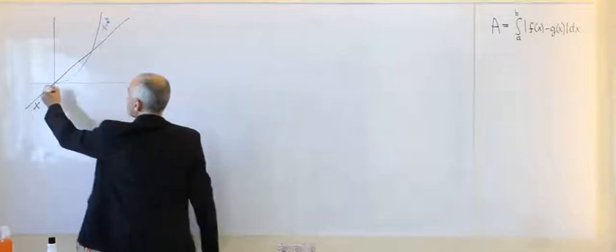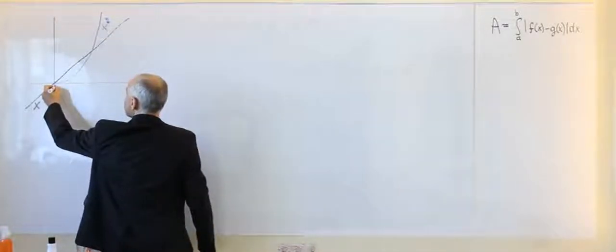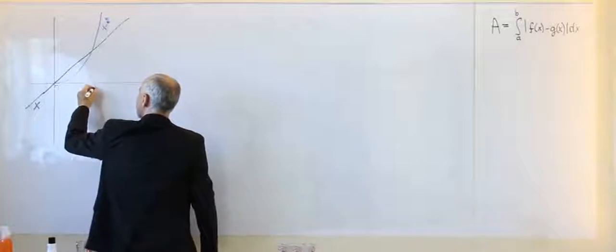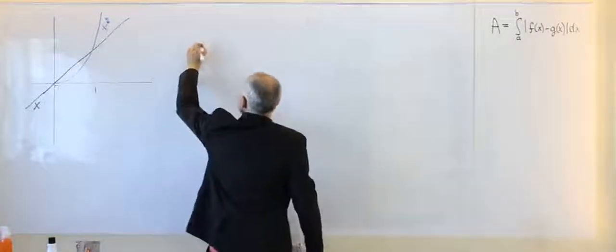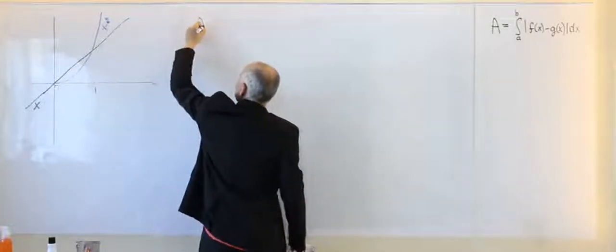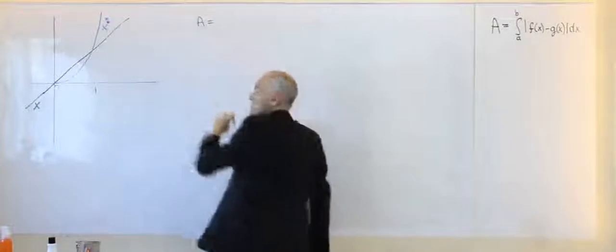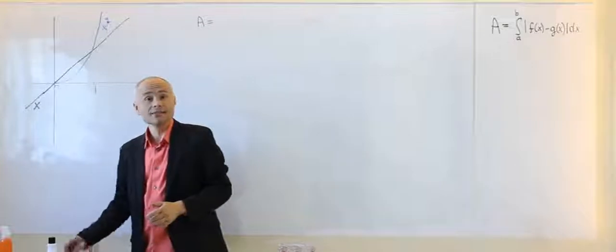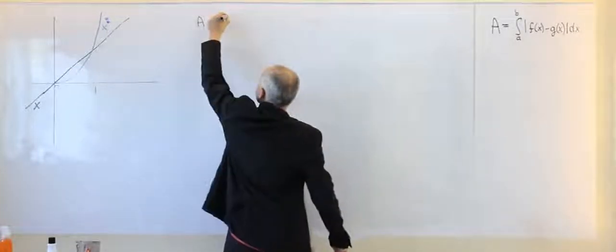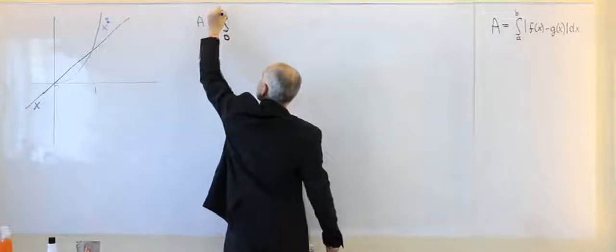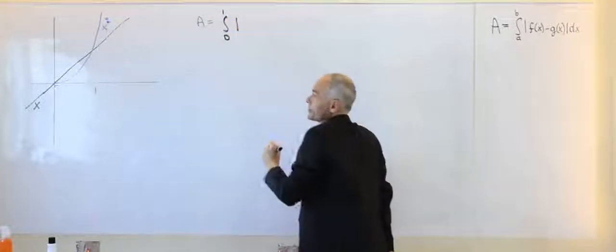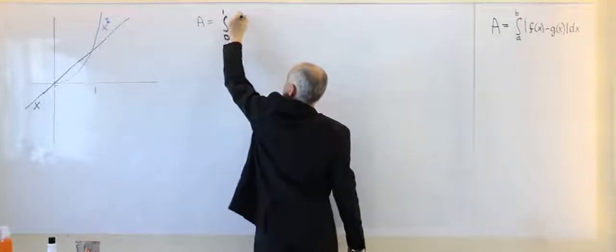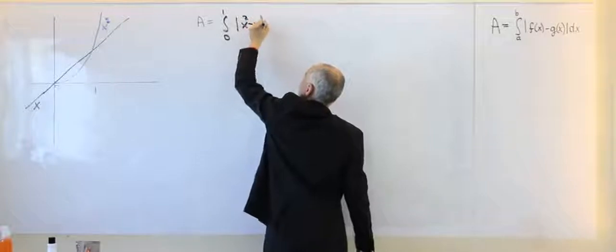Well, the limits of integration are from 0 to 1. So our area, A, is equal to the integral from 0 to 1 of the absolute value of x squared minus x dx.